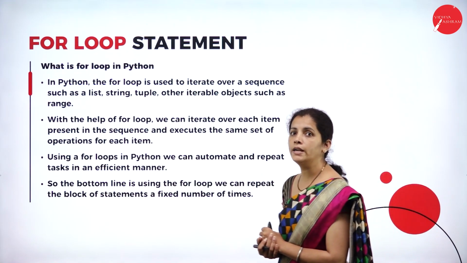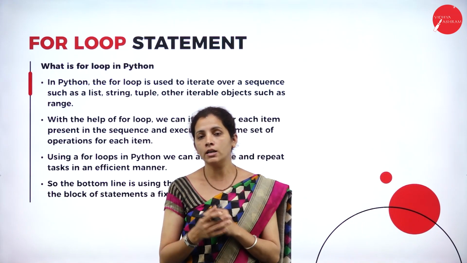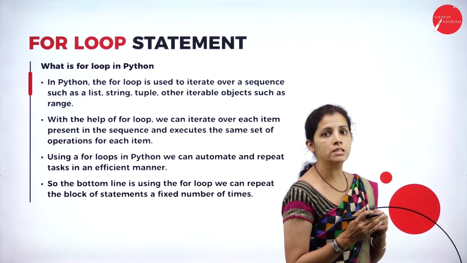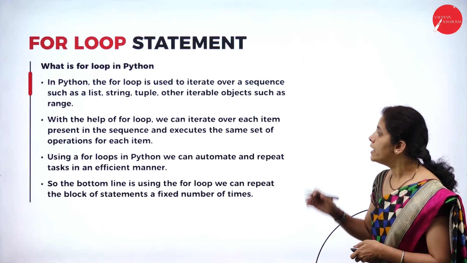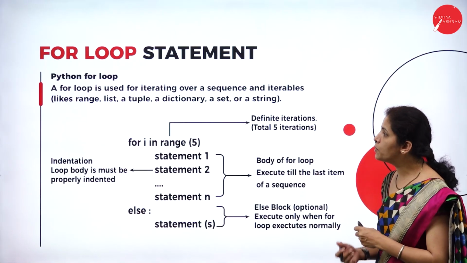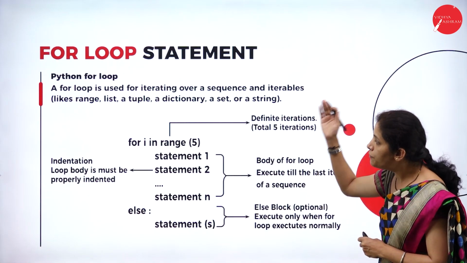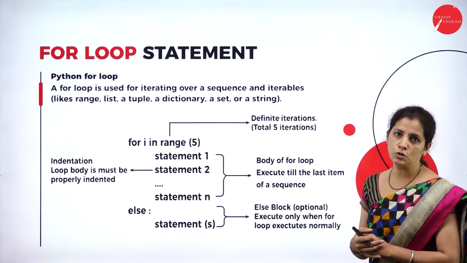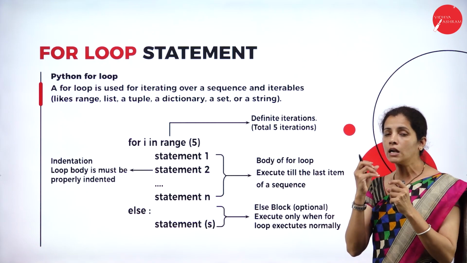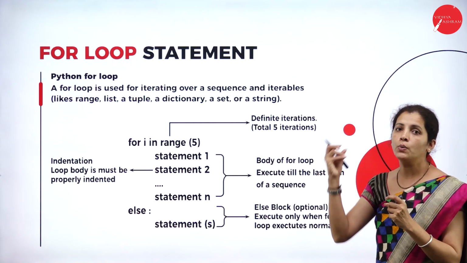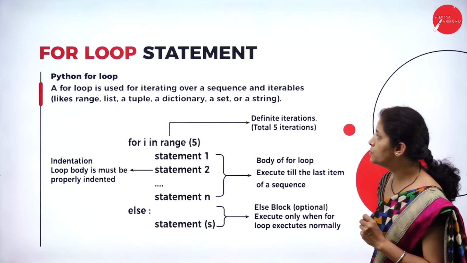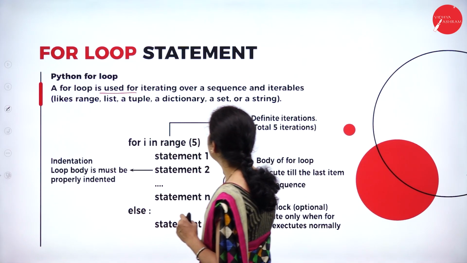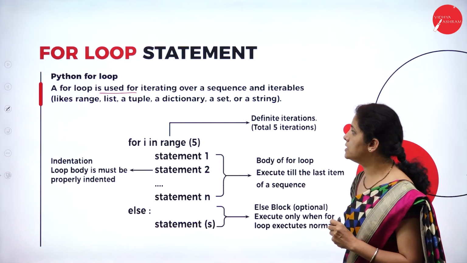Anyway, dear student, we have studied what the for loop is and how to use it in the C program. Now, if I consider Python programming, in a for loop I can also use if. So, I can club the if statement within the for loop. A for loop is used for iterating over a sequence.